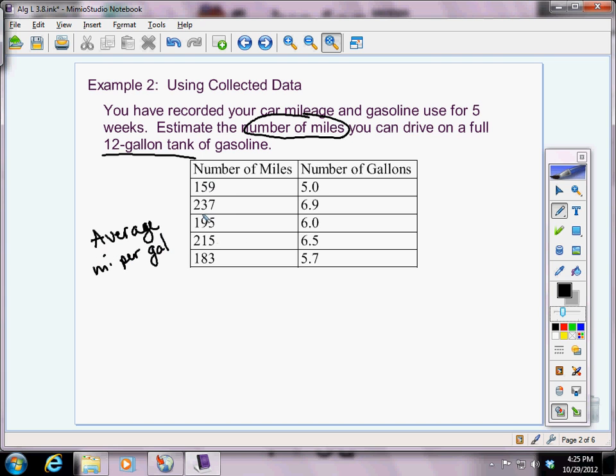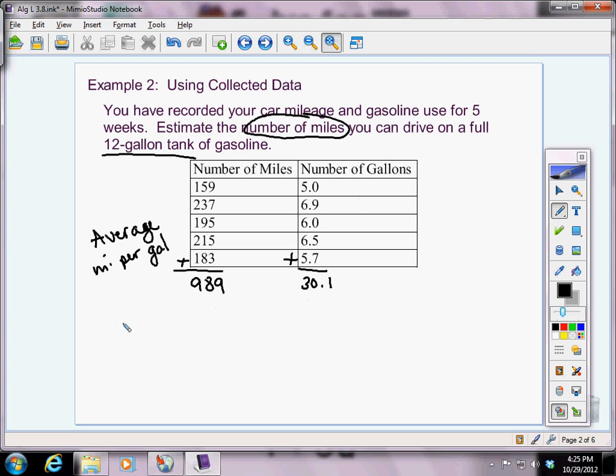If you take 159 plus 237 plus, and so on, add them all up, you would get 989 total miles. If we do the same thing for the number of gallons, we would get 30.1 gallons. So this is our total number of miles, this is our total number of gallons.